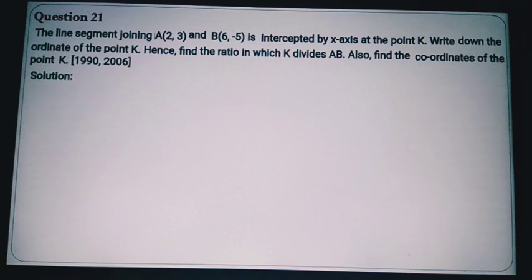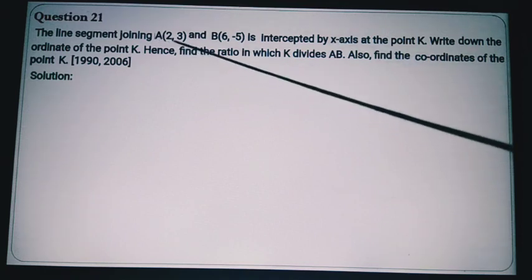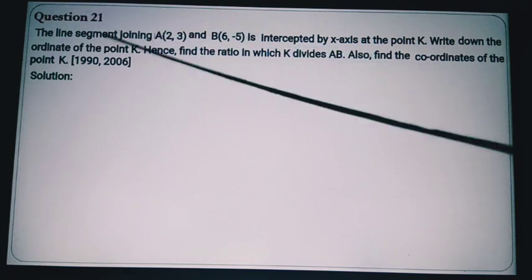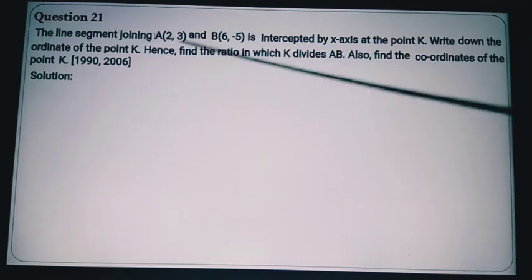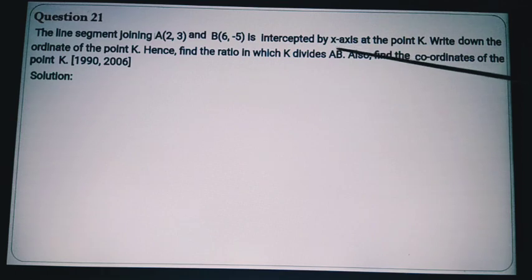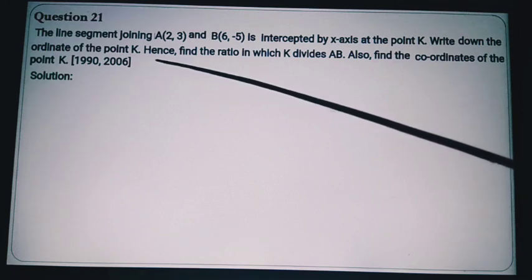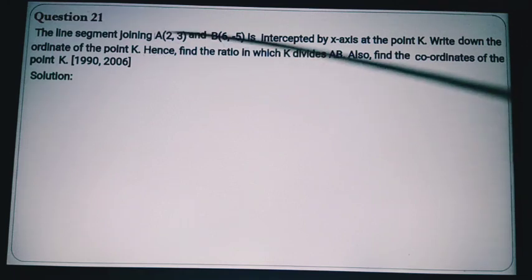The line segment A (2, 3), B (6, -5). So there's a line segment AB and the coordinates are given. It is intercepted by the x-axis. That means AB and the x-axis intersect at point K. So you need to find the coordinate of K. We have already seen this kind of problem, still I'm going to explain it.